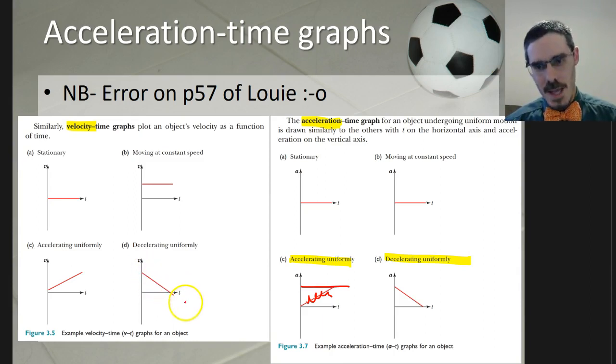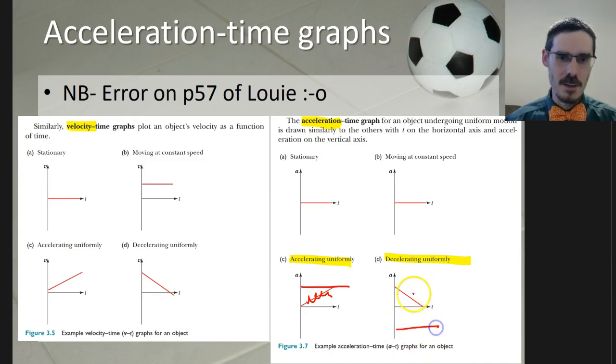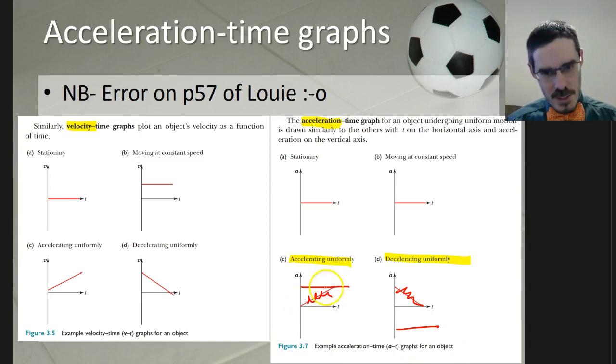This line goes down, it's decelerating. The slope of this line, however, is a constant negative. It's not doing that at all. This original graph would be if the acceleration is increasing linearly, or decreasing linearly. But they said uniformly. A uniform acceleration will be a horizontal line on this graph.